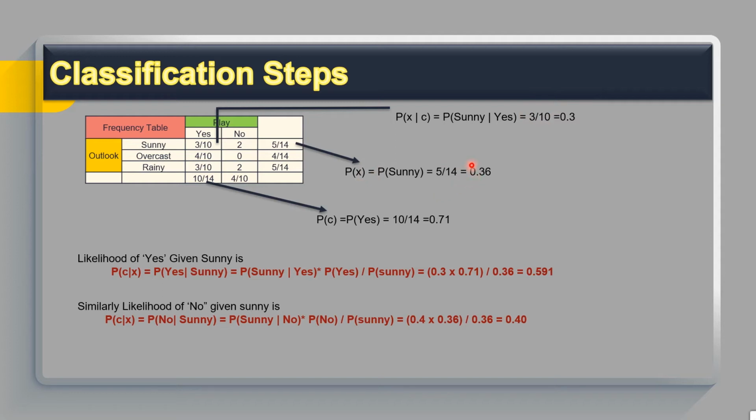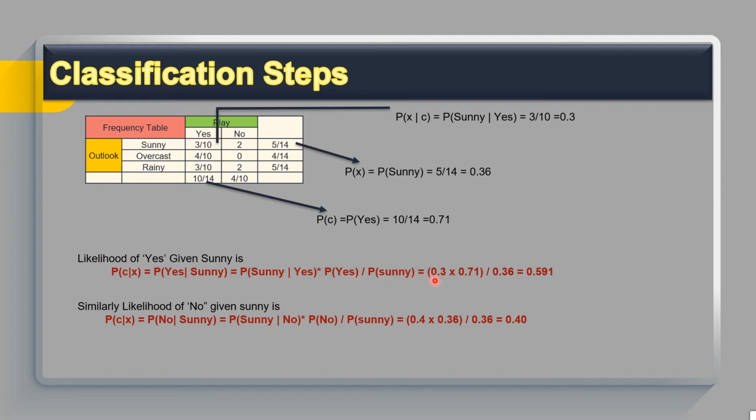Now these are all the terms which are just generated from the data which we have here, and finally the probability of yes is 10 out of 14. If we have a look at the likelihood of yes given that it's sunny, we can see using Bayes theorem, it's the probability of sunny given yes into the probability of yes divided by the probability of sunny.